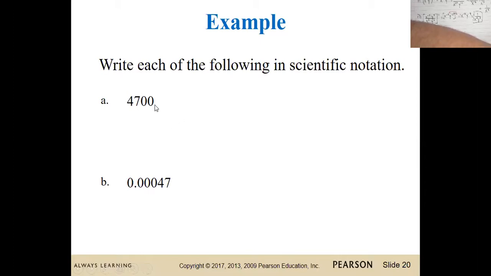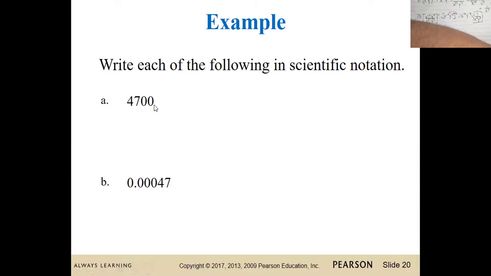So if you look at 4,700, where does our decimal have to be? Right now the decimal is right behind the last 0. On the larger number, the decimal sometimes isn't clearly noted because we don't just write a decimal there. But the decimal right now is here, and I have to move it. Where would I move it so it would be a number between 1 and 10? It would be between the 4 and the 7.